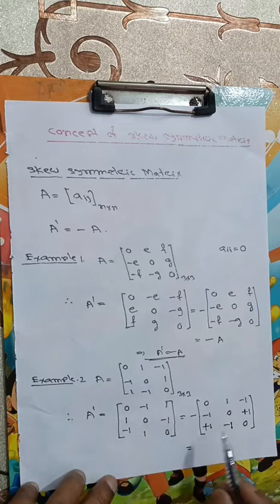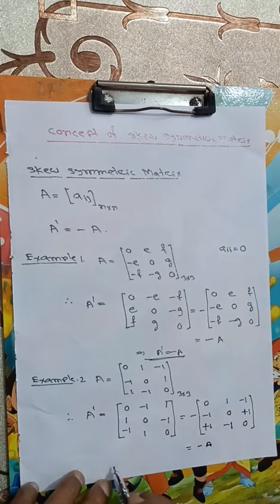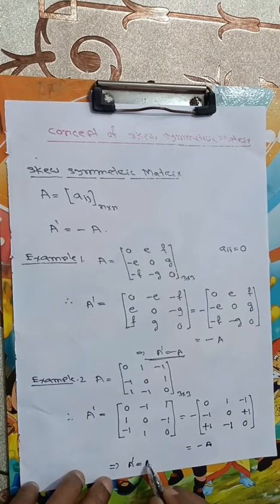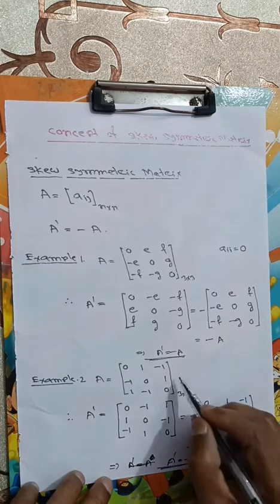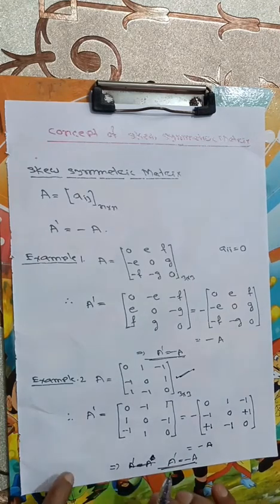The corresponding elements are equal, so we get A dash equal to minus A. So we can say this matrix is a skew symmetric matrix.